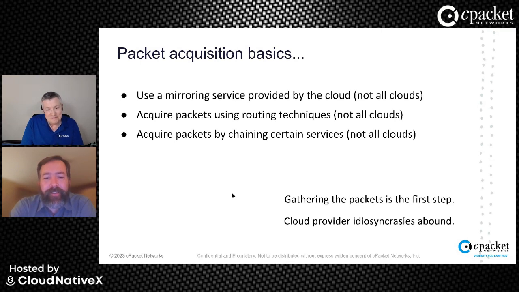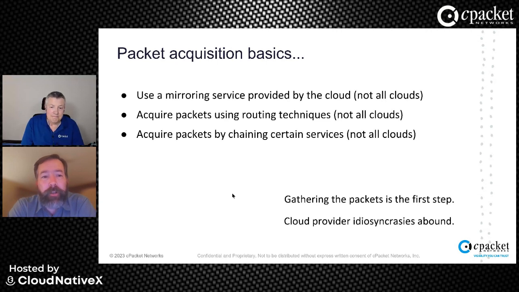And that's a huge issue for folks that are moving to the cloud or have workloads in the cloud and are maybe looking at a multi-cloud approach, right? There are idiosyncrasies between the cloud platforms, and they have to be aware of those. cPacket, this is our bread and butter in terms of network visibility and cloud visibility. We know a lot about these idiosyncrasies, and we've built our products to work within each of these environments.